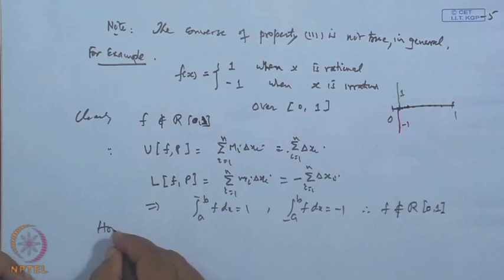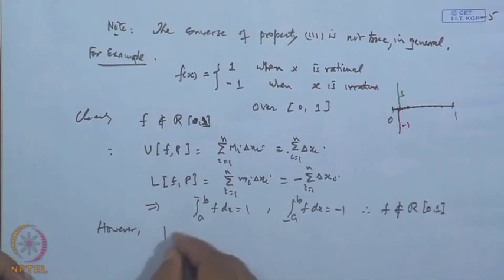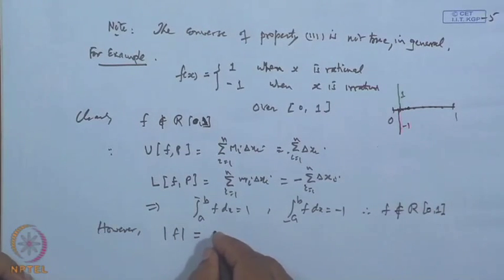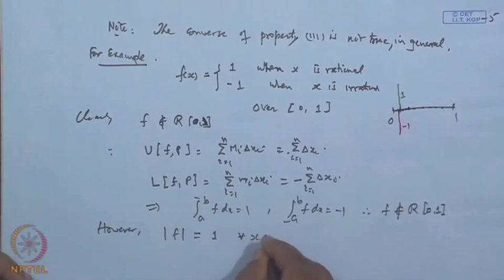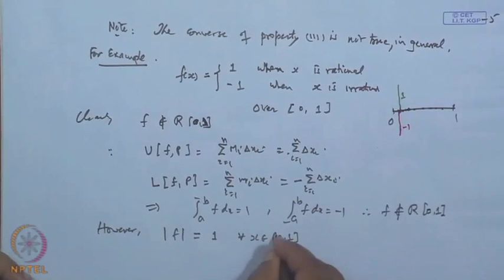However, if we take mod of f, then mod of f is always 1 for all x belonging to the interval 0 1.